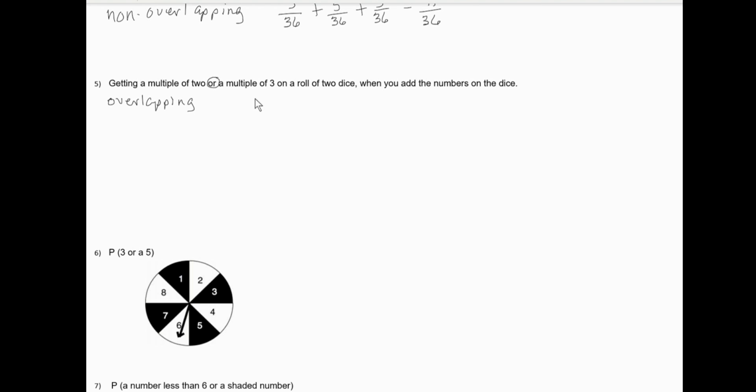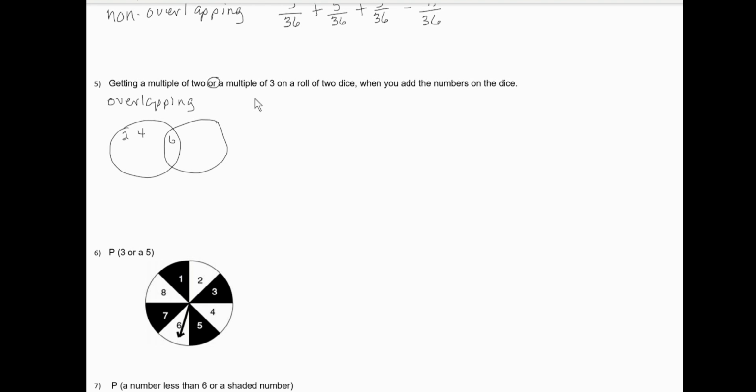And here I'm going to draw a circle and write all of the multiples of 2. And here I'm going to draw a circle and write all the multiples of 3, and then we're going to see if there are numbers in here for the overlap. Okay, multiples of 2 would be 2, 4, 6.